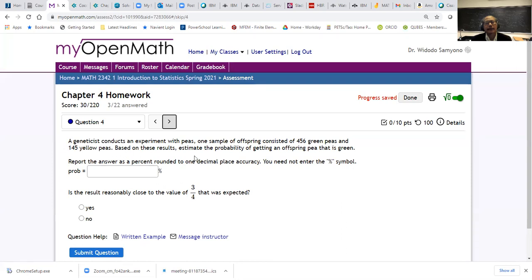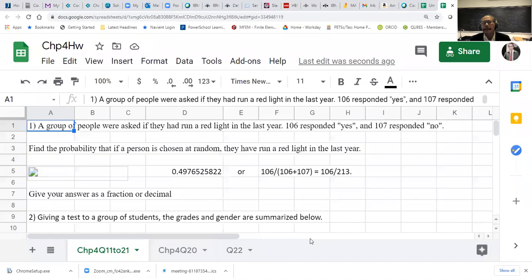Based on this result, estimate the probability of getting offspring that is green. Okay. Yeah, I forgot. Actually, I gave you this. So you can copy and use the copy for your own problem.